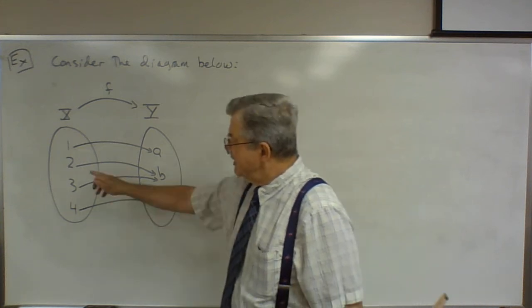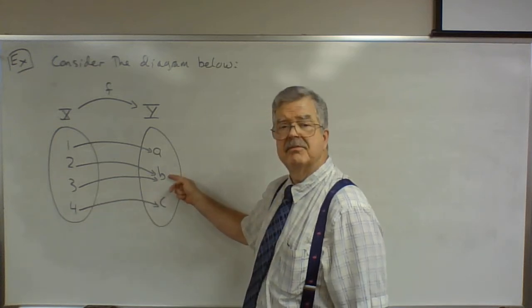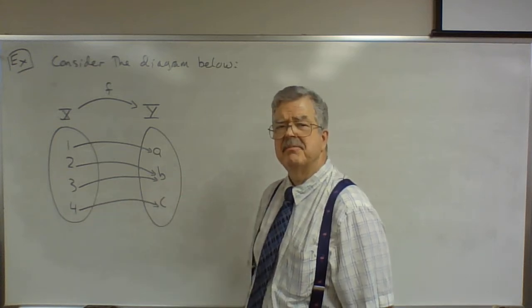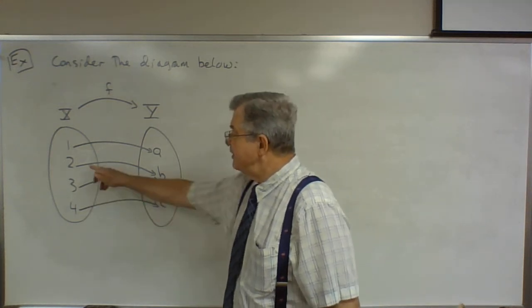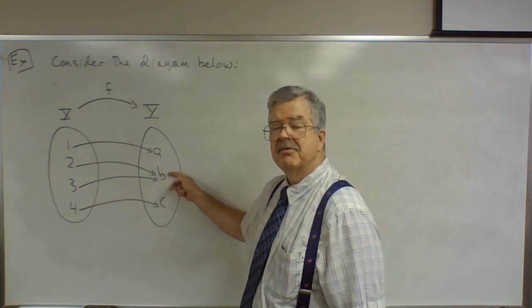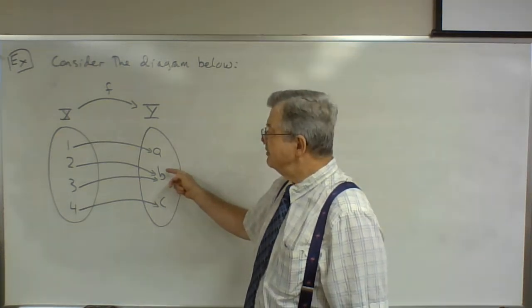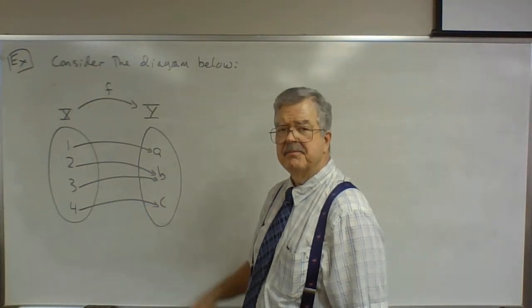Does the fact that elements 2 and 3 in set X are assigned the same element in set Y cause a problem here? Nope. The fact that 2 and 3 in set X are assigned the same element in Y, the range, in no way disqualifies this from being a function.